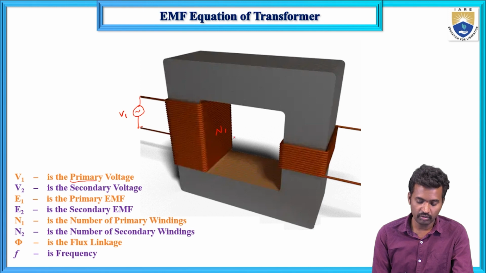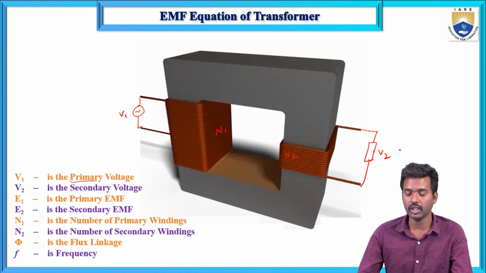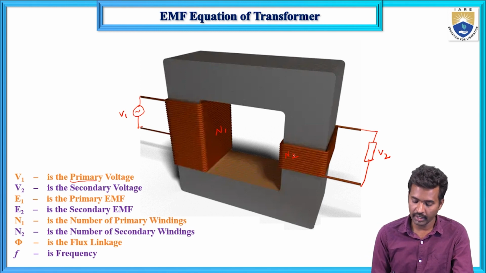Here E1 and E2 I will explain in the next part. Next, N2 turns are the secondary winding turns, and if you connect the load, this is the load. The load voltage is the secondary voltage. N2 is the secondary winding turns, E1 is the primary induced EMF, E2 is the secondary induced EMF, and this is the flux.